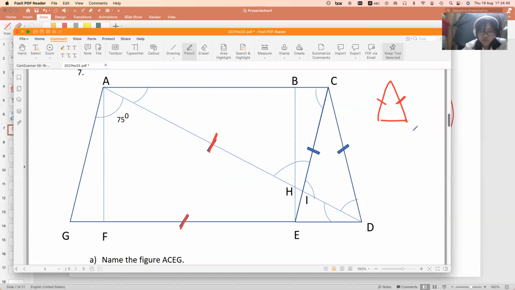No. They add up to 180 degrees. Rubbish. You can check your book. You can check your notebook. Isosceles triangle. What is the rule?